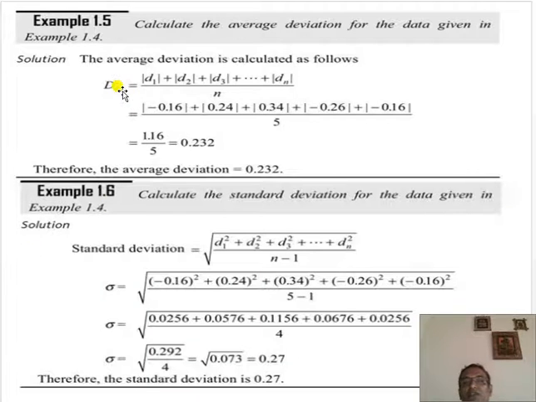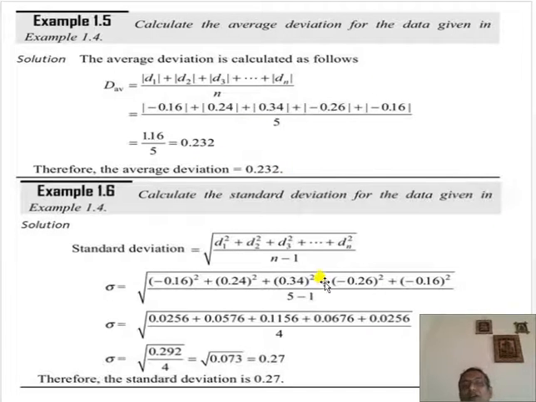Substituting these values, d average is equal to the magnitude of d1, magnitude of d2, magnitude of d3, up to magnitude of d5, divided by 5, since we have calculated this 5 times. The average deviation I got is 0.232.